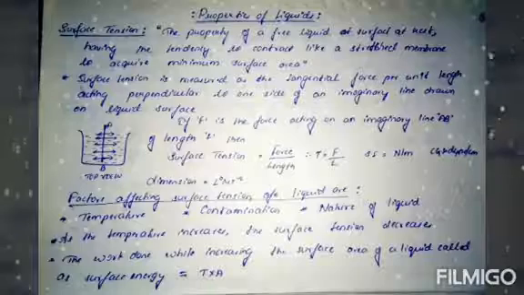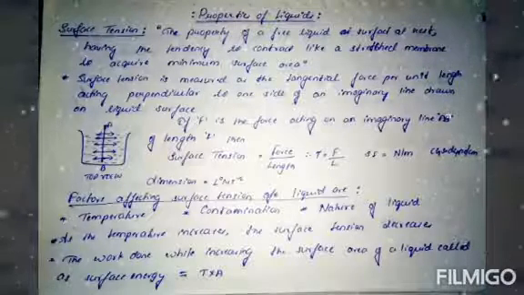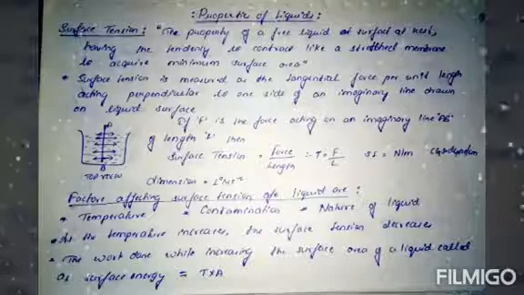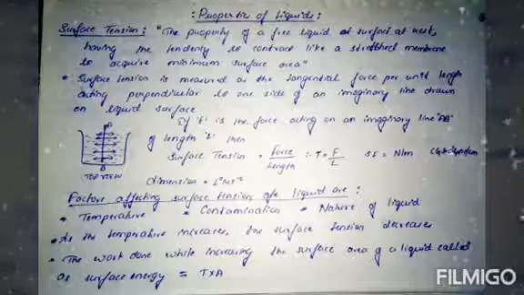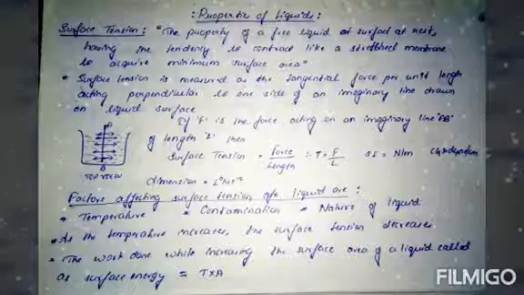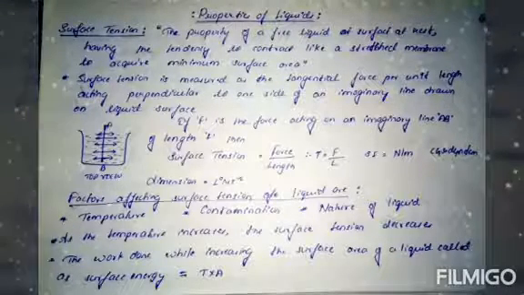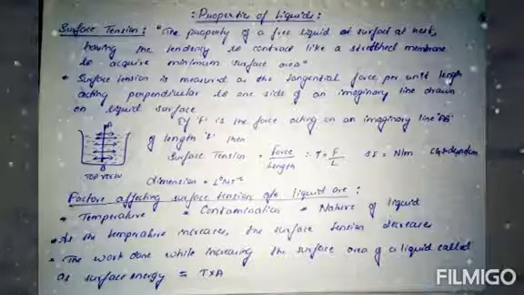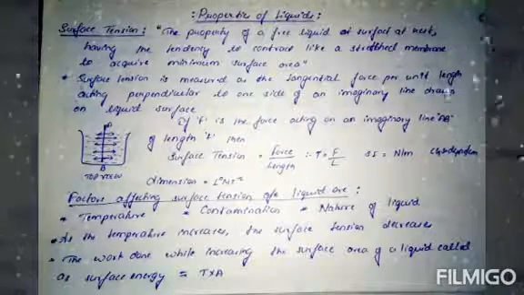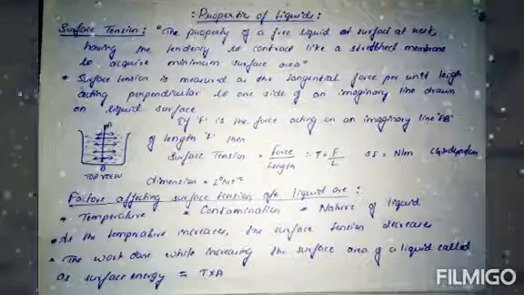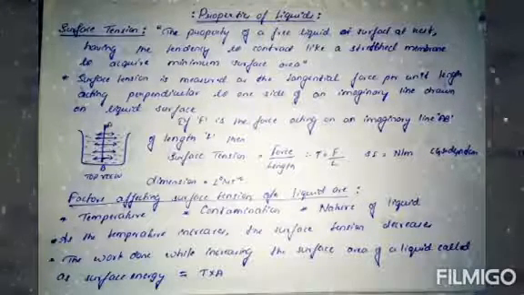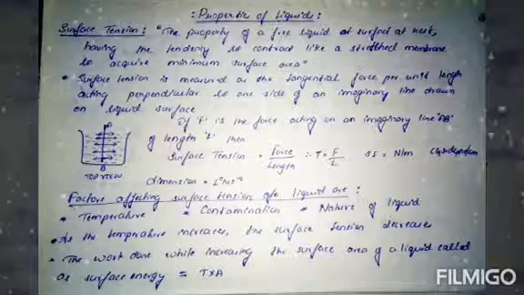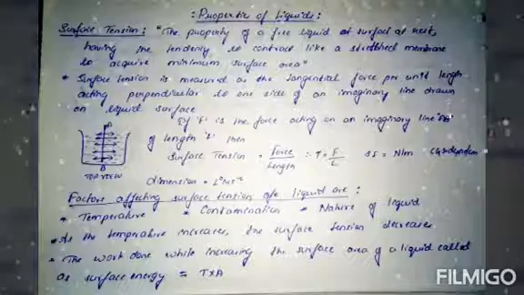The point to remember is that surface tension is measured as a tangential force per unit length acting perpendicular to one side of an imaginary line drawn on a liquid surface. You can see the diagram there and you will come to understand what it is. If F, the force, is acting on an imaginary line AB according to that diagram, with length L, then surface tension is equal to force by length.